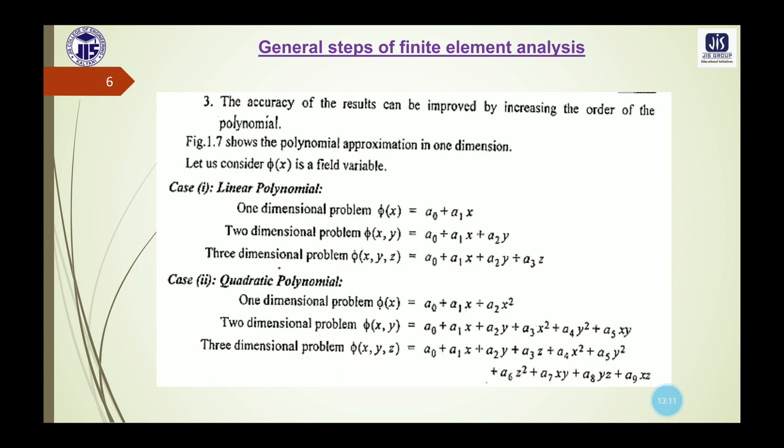So in case of the linear polynomial, the one-dimensional problem phi x is represented as a0 plus a1x. Then in case of the two-dimensional problem, phi xy is a0 plus a1x plus a2y. Next, in case of the three-dimensional problem, the field variable is phi xyz, which equals a0 plus a1x plus a2y plus a3z.